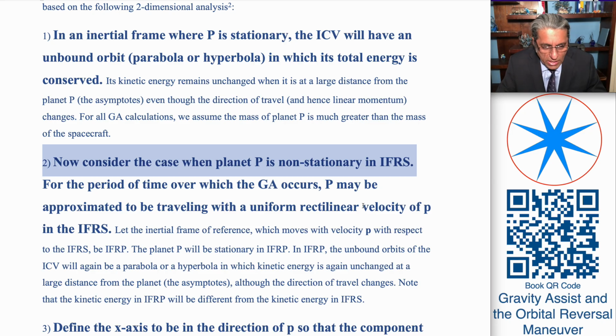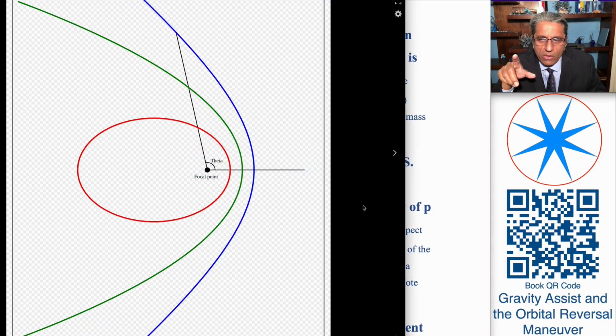So what are you going to use for gravity assist? The one thing that you're going to use is that in an inertial frame of reference in which the celestial body is stationary, let's say it's a planet, so in the planet inertial frame of reference, the orbit of whatever the spacecraft is going to be either a parabola or a hyperbola, assuming that it is not captured by the planet.